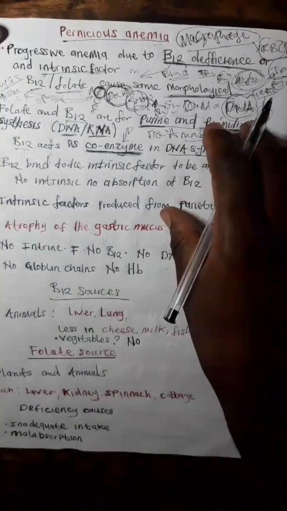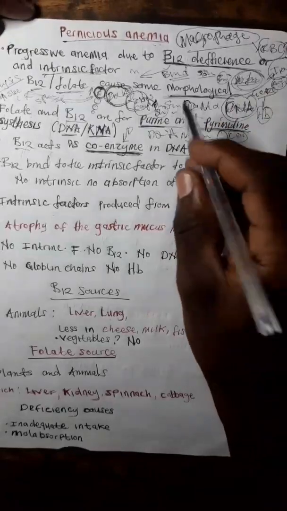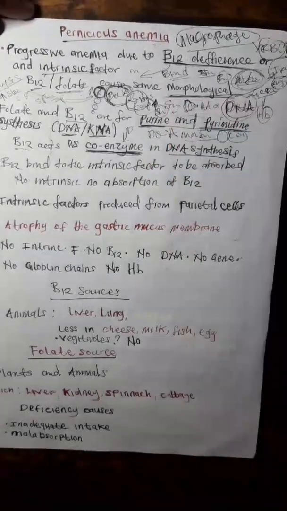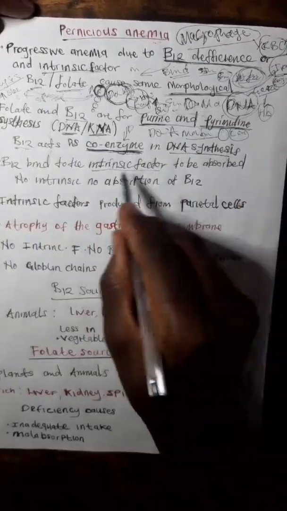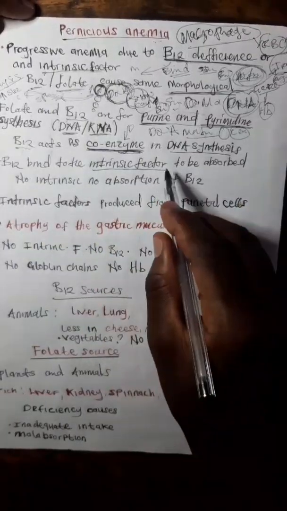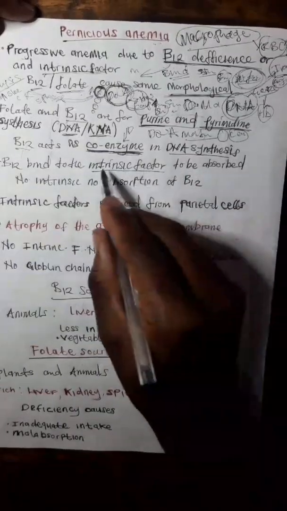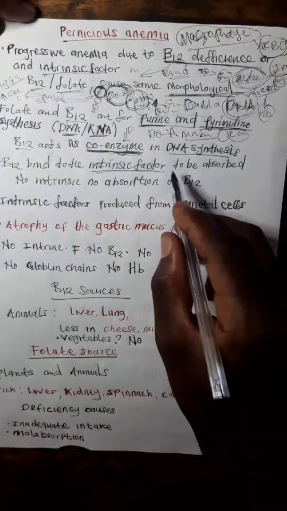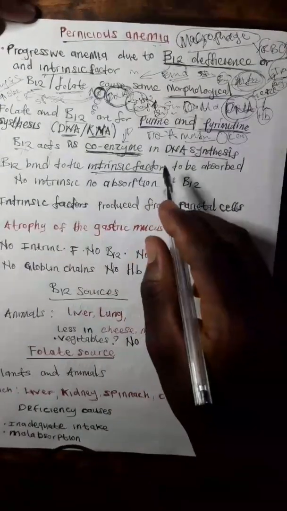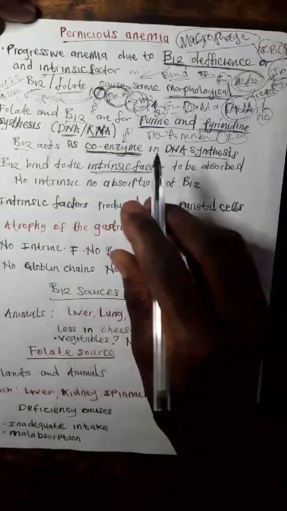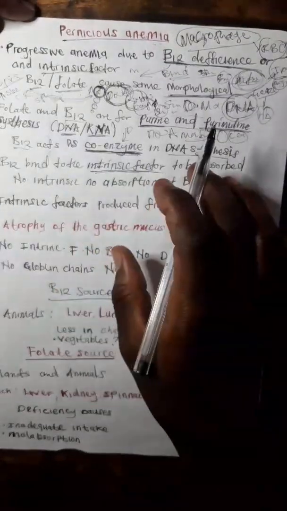Just like we have said, B12 binds to the intrinsic factor that is produced by the parietal cells of the stomach.